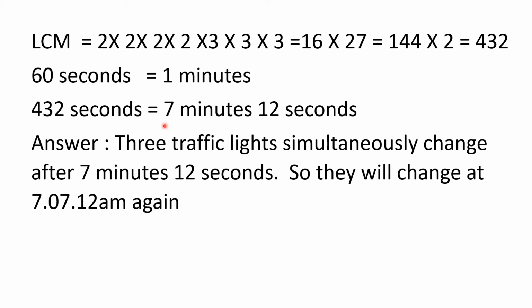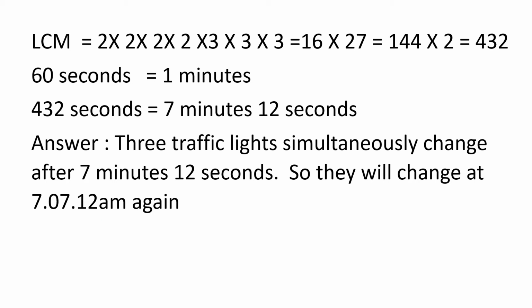So 432 minus 420 gives 12. So 7 minutes 12 seconds. So the 3 traffic lights simultaneously change after 7 minutes and 12 seconds. So they will change at what time? 7 hours, 7 minutes, 12 seconds.